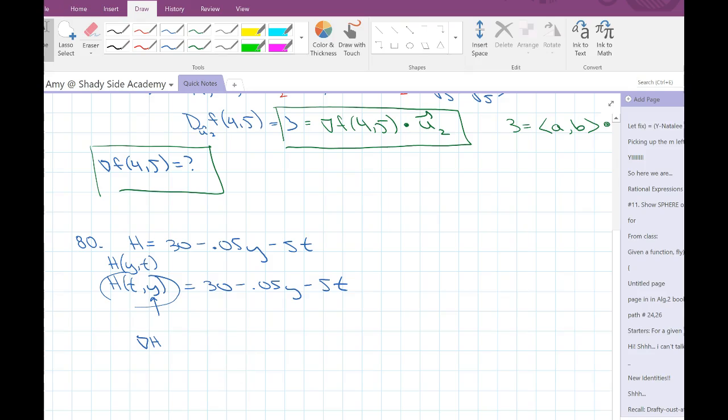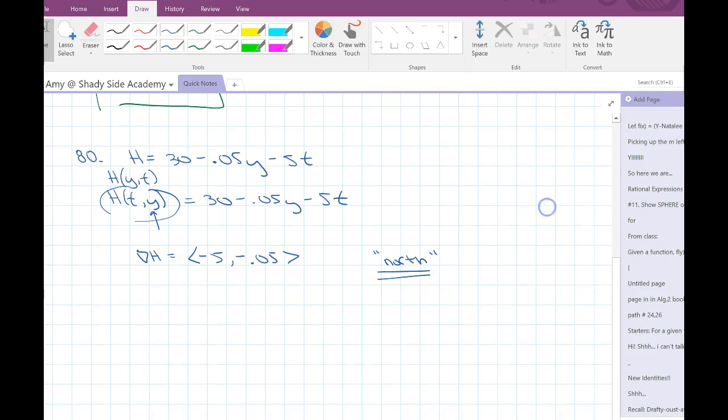Okay, del H is going to equal (-5, -0.05). Okay, but the moose is charging north. So there's a couple of things that I want to ask you.